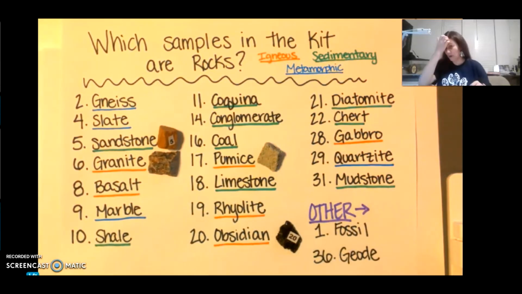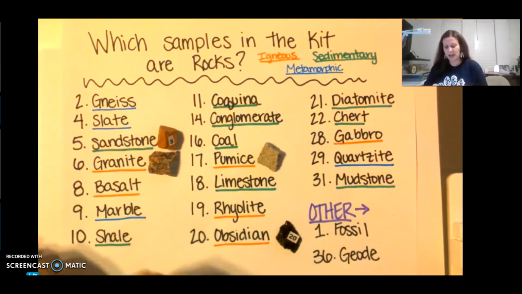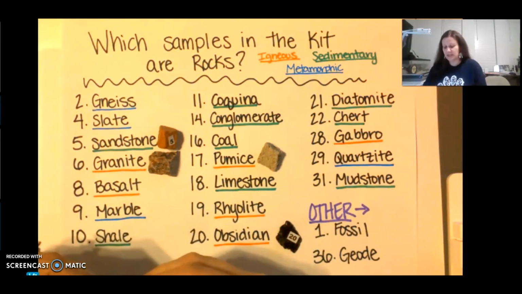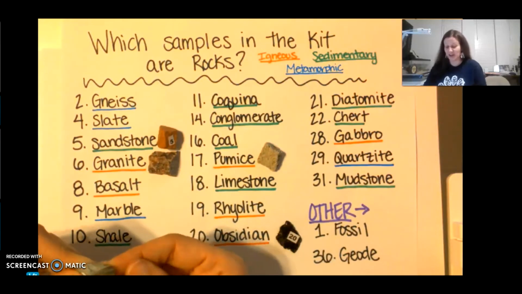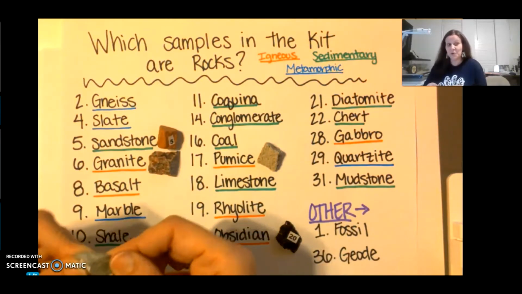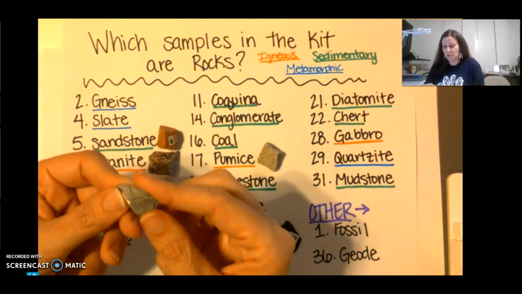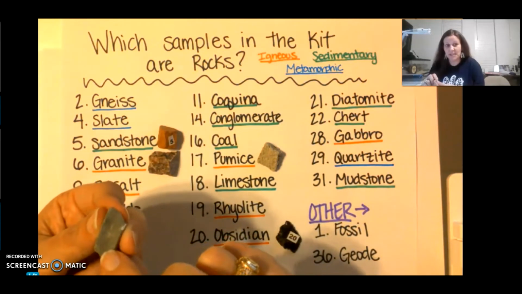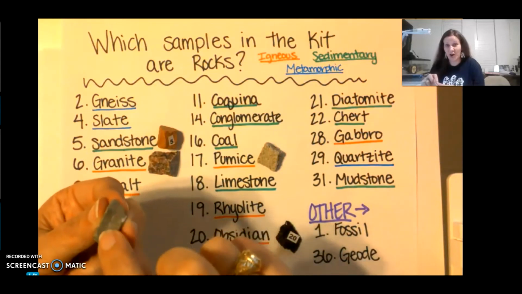That's not really one that I'm going to look at right now, but I am going to look at number 10, shale. This one is very, very different from my sandstone in that it's smooth. And if you look at this up close, you should not be able to distinguish the grains apart at all.